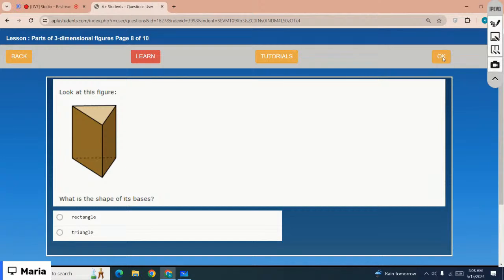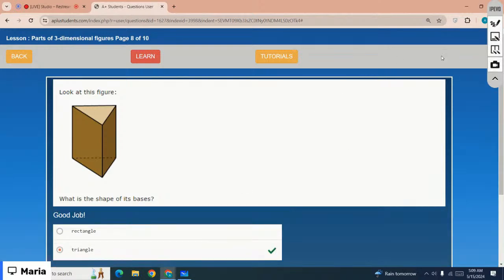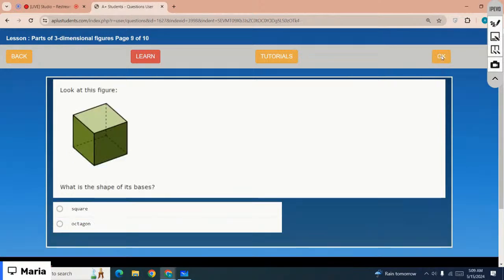What is the shape of its bases? Triangle it is. The correct option is triangle. Look at this figure. What is the shape of its bases?